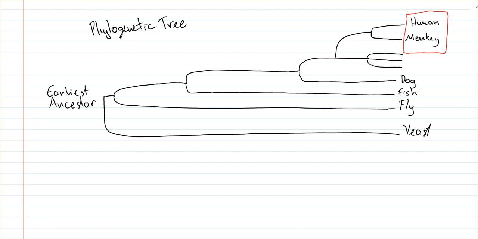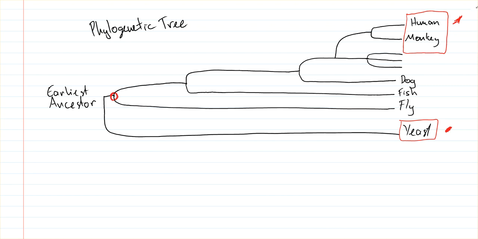What we can then see is if we look down the bottom here at a yeast, for example, in order for us to trace back the closest point where humans up here and yeast down here shared a common ancestor, so a point in time where they were both the same species or stem from the same species, we would need to make our way right back down to this point here.